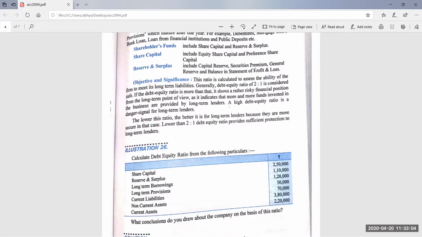So debt equity ratio, first of all, write down the formula, which is D upon E, D for debt, E for equity. Debt means only the non-current liabilities. Now find out debt. For debt, you have to add 2 things, long-term borrowings and long-term provisions. Here long-term borrowings are already given, long-term provisions are already given. I told you earlier also, if the whole concept is already given, then no need to consider the parts.